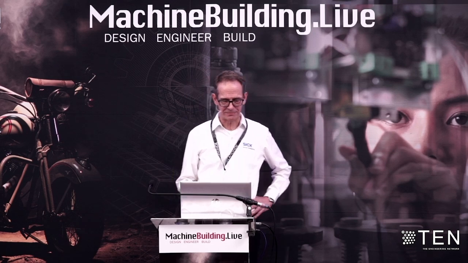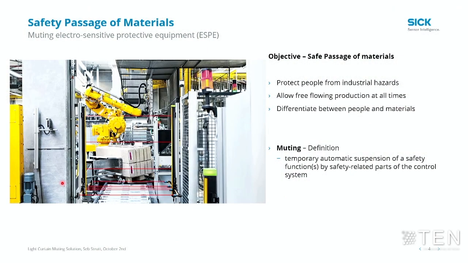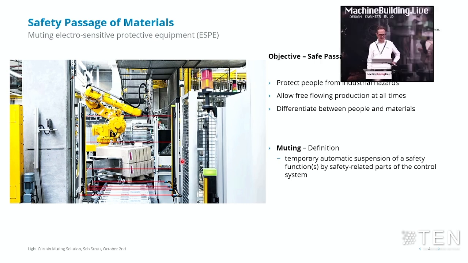So typically, you would use a classic muting light curtain, and you can see one on the photograph here, protecting the access point into the robot cell using a 4-beam vertical light curtain.